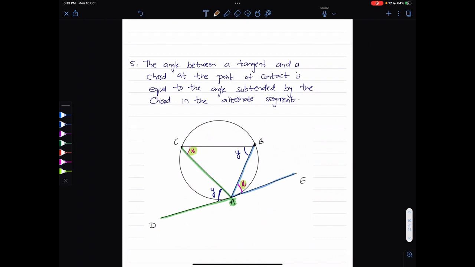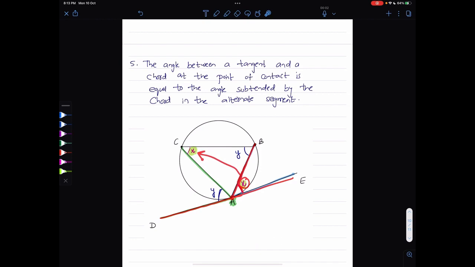And the last angle property is the angle between the tangent and the chord. So this is the tangent line. There's a tangent line to the circle at point A. AB is a chord in a circle. The property says that the angle between the tangent and the chord, which is x degrees, is going to be equal to the angle subtended by the chord in the alternate segment.